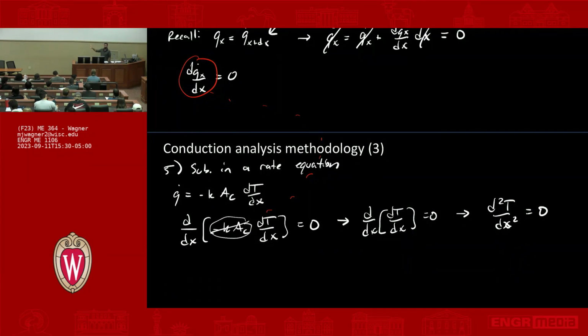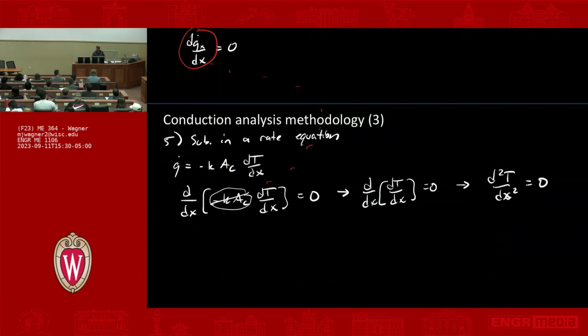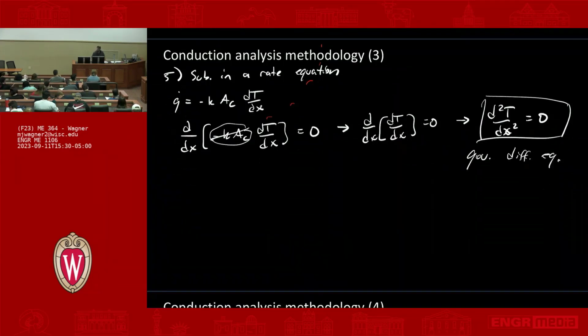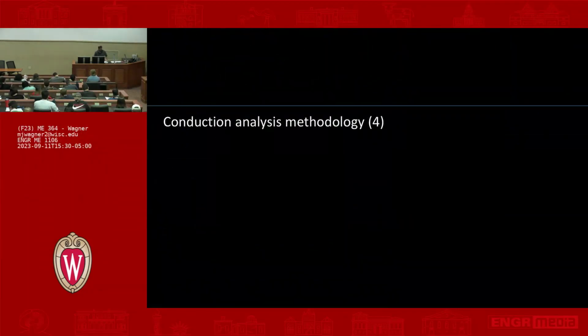But this, for our problem, is our governing differential equation. Let me just put a box around that. So this is our governing differential equation. We'll skip to the next slide here. So step 6, we have to find a solution for temperature.